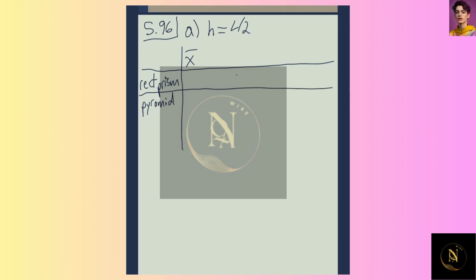Now the centroid of the rectangular prism is simply going to be 1/2 of L, its length. And a pyramid centroid is equal to its height divided by 4. But then we have to add on the length of the rectangular prism, which is L.